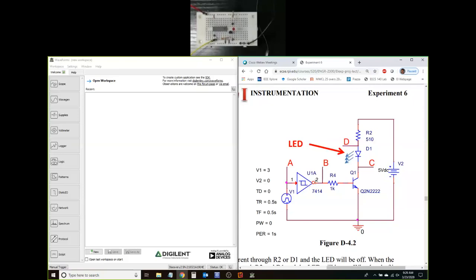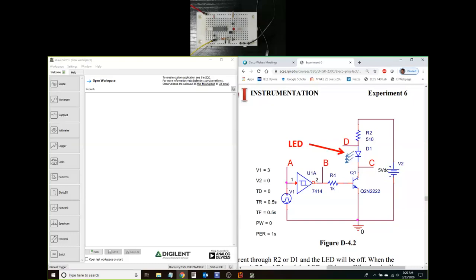The output of that Schmitt trigger based inverter is going to go to R4, which feeds into the base of the transistor Q1. As the input goes up and down, high, low, the output of the Schmitt trigger goes low, high, and that is selectively turning Q1 on and off.